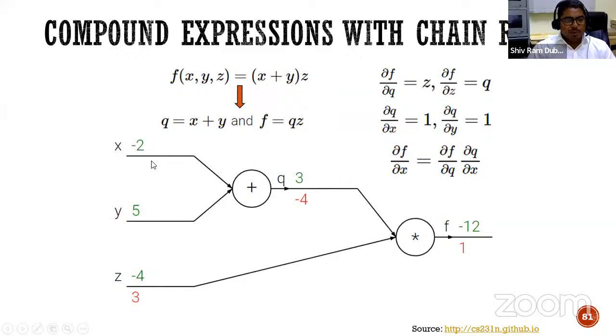So if we compute the local gradient, which is del q by del x, then we can multiply this local gradient into the running gradient, which is del f by del q, and then we can get del f by del x. That's what we wanted. The local gradient del q by del x, because this is a summation function, will become 1. So ultimately del f by del x is equal to -4 into 1, so it will remain -4, and the same thing will be true for y also.